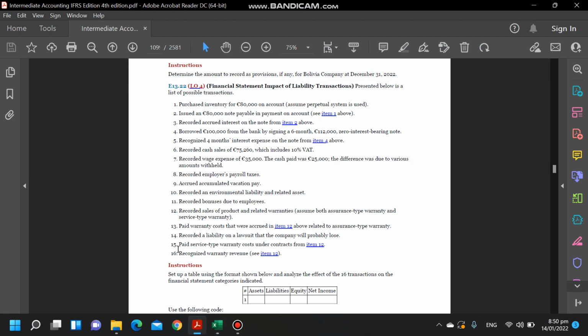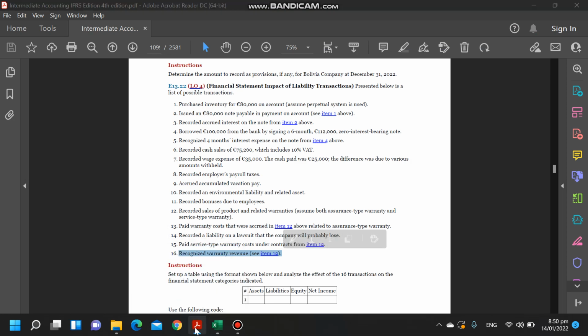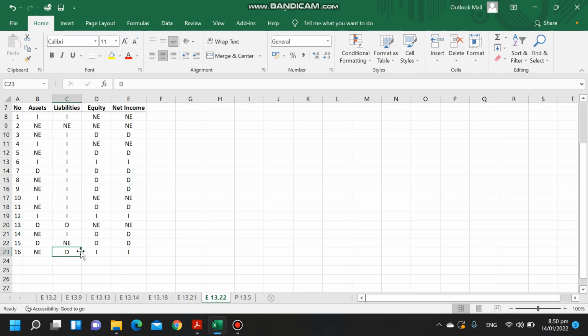And then 16, recognized warranty revenue, see item 12. So our liability will be decreased, of course, because it's just the entry of the unearned revenue, and it will increase our net income because it's the service revenue that we have recognized, and it will increase the equity as well. So no effect on the asset.